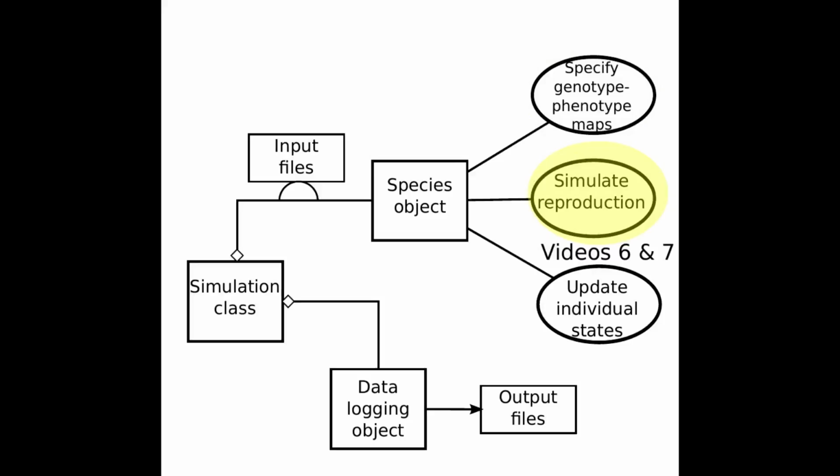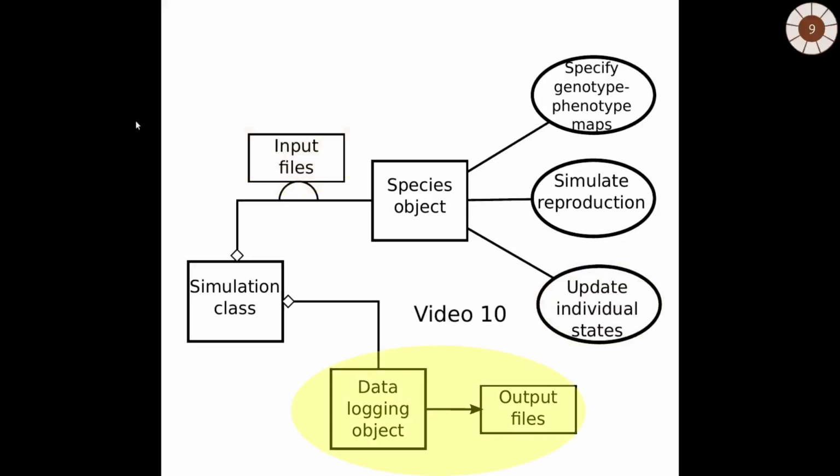Similarly, Video 7 will describe how sPEGG transmits genetic information from parents to offspring. In Video 8, we describe how we can update individual states in the simulation using concepts we learned in earlier videos. Finally, the input files will be discussed in video number 9. We will bring everything together in video 10, where we will also go over how data can be logged.